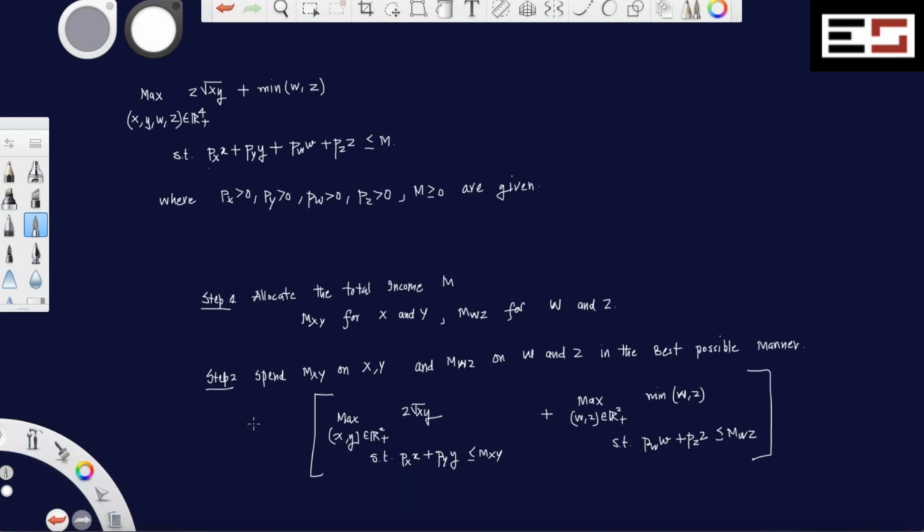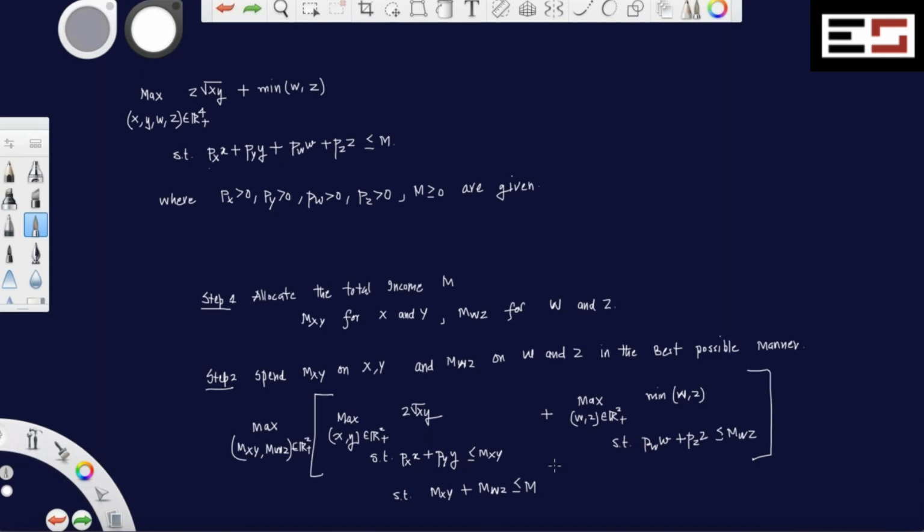Then you maximize that with respect to how much amount you should allocate, subject to the budget constraint, okay, and that's it. This is a simple procedure to solve this four variable optimization problem of a consumer.